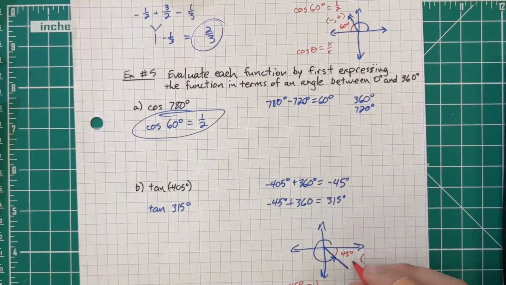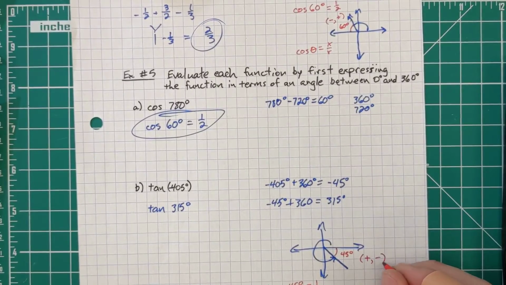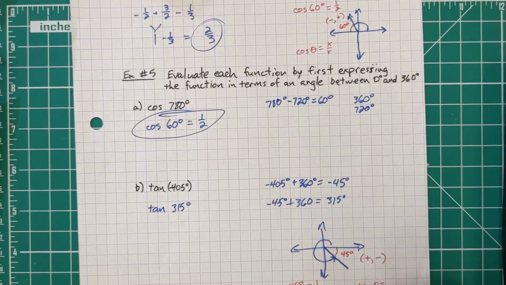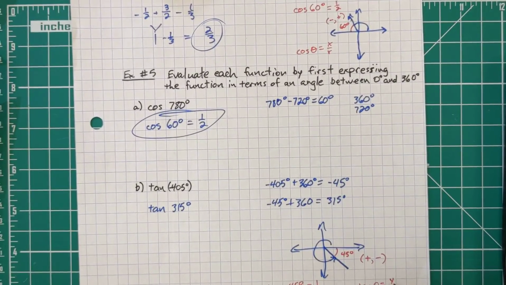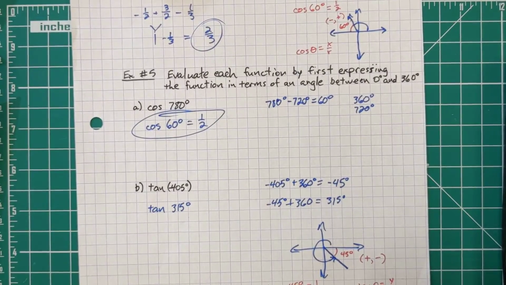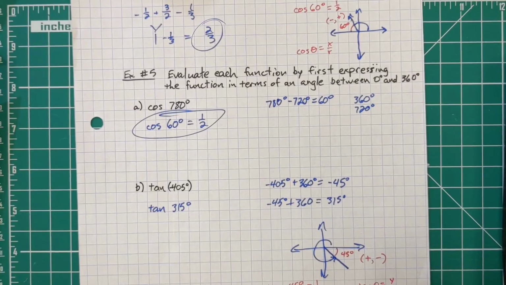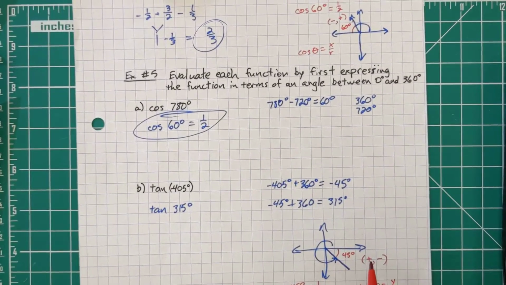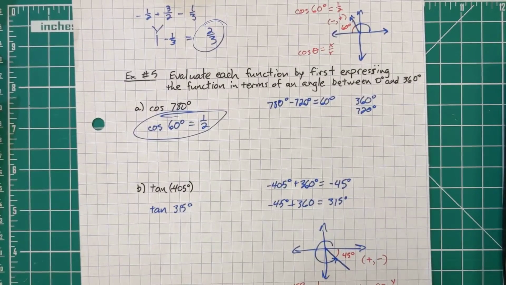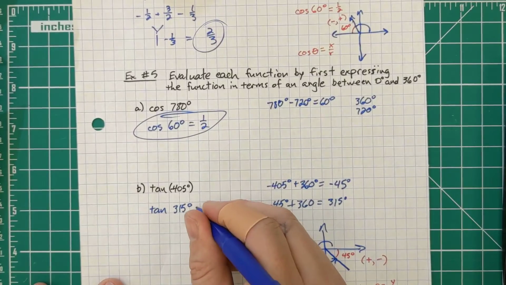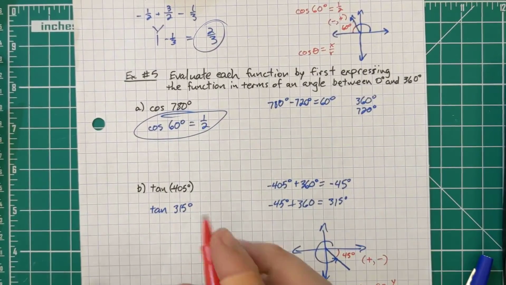Now, once again, my x values are positive, my y values are negative, but tangent is opposite over adjacent, or the y value over the x value. If my y is negative, my x is positive, that means in the fourth quadrant, this needs to be negative. So negative for the fourth quadrant. So tangent of 45 degrees is 1, meaning in fact, I'll rewrite it here.